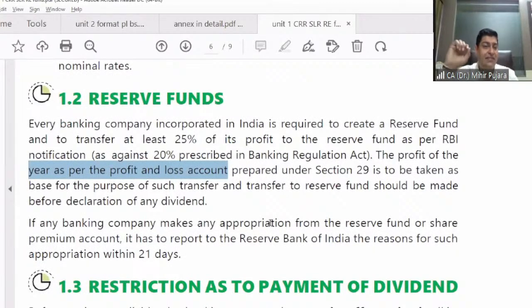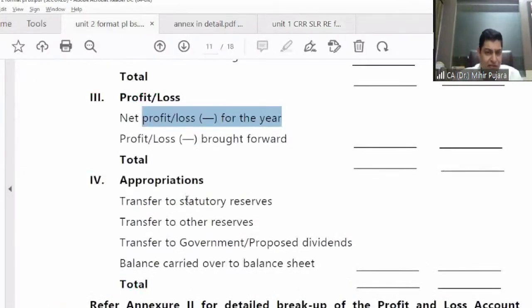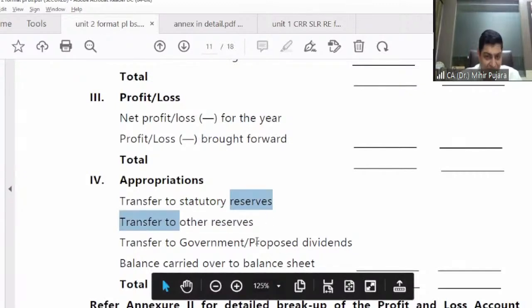And guys, this is compulsory. So before declaration of dividend, this needs to be done. Then only remaining profit you can declare dividend. So if you see the format, guys, first of all, this statutory reserve, then other reserve, then dividend, and then remaining profit transfer to balance sheet.